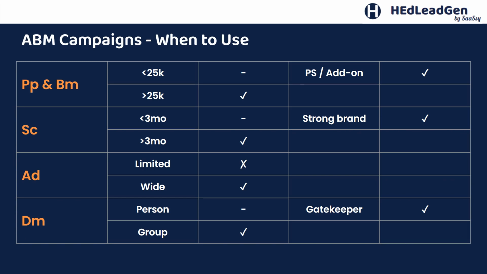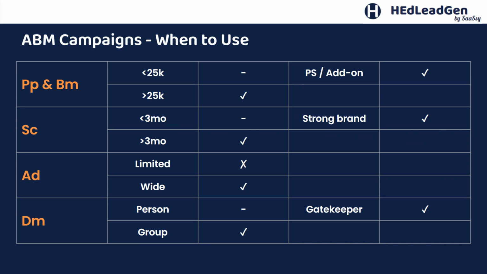campaigns. Now, the fourth element here is the decision makers. Are you dealing with a group where each person is responsible for researching a specific pain point that your solution solves, or catering to a specific department interest? Then use ABM campaigns, because you have to target different personas with different pain points.